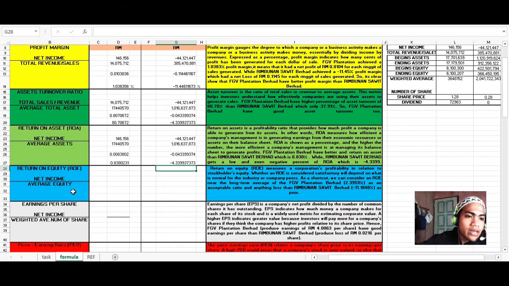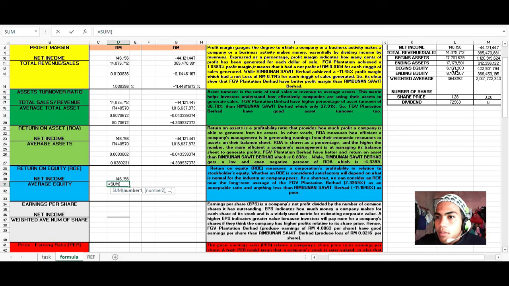The next ratio is return on equity, ROE. So net income divided by average equity. For average equity, we use the formula: beginning equity plus ending equity, and then we divide it by 2.